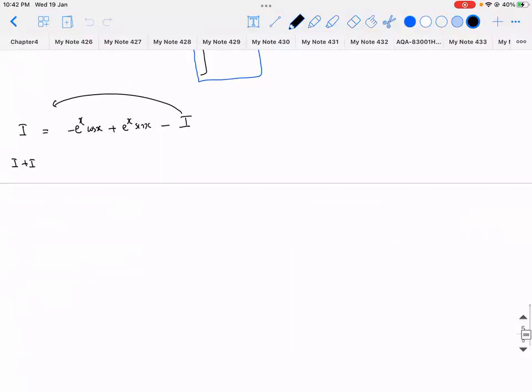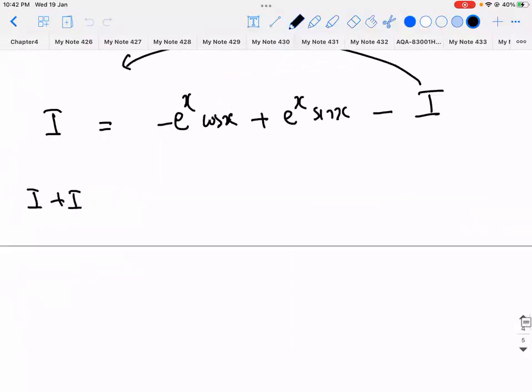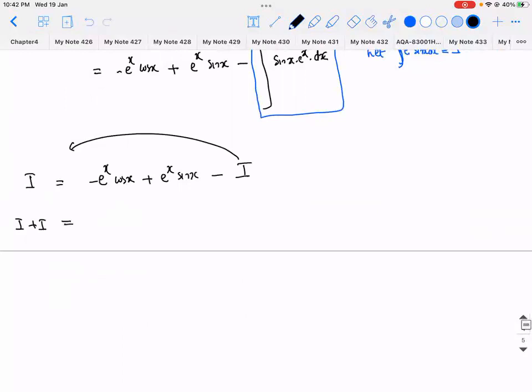So 2I is equal to minus e raised to x cos x plus e raised to x sin x. I would like to take e raised to x common, and writing the positive term first, e raised to x times sin x minus cos x.